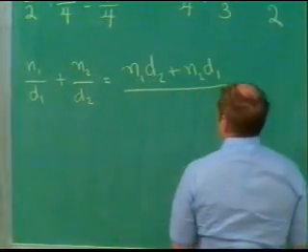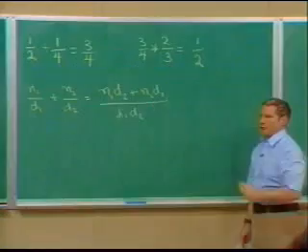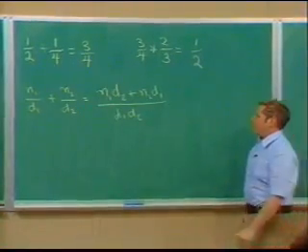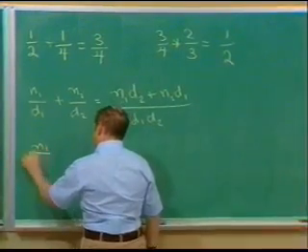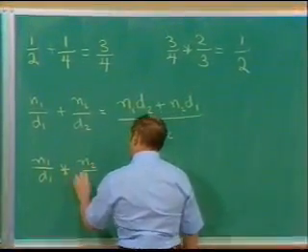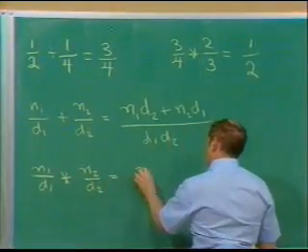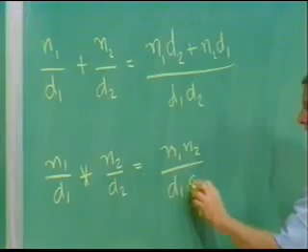That's the numerator of the answer, and the denominator is the product of the two denominators. So that's something from 5th or 6th grade fraction arithmetic. And similarly, if I want to multiply two things, n1 over d1 multiplied by n2 over d2 is the product of the numerators over the product of the denominators.